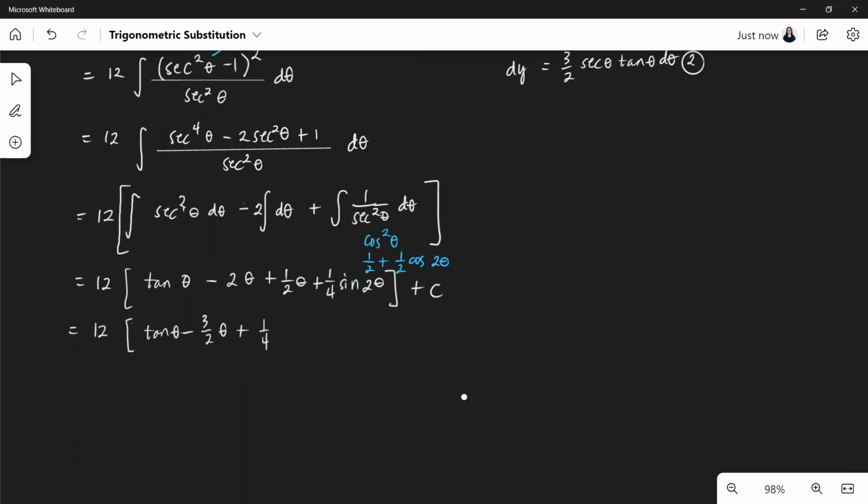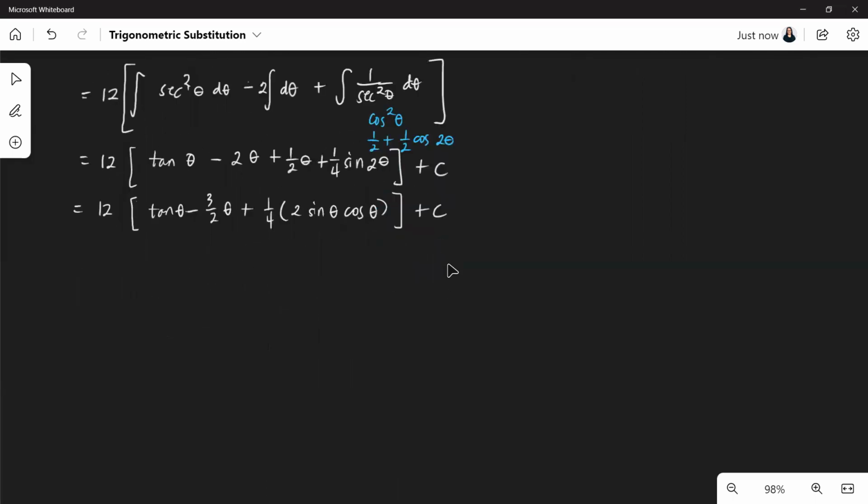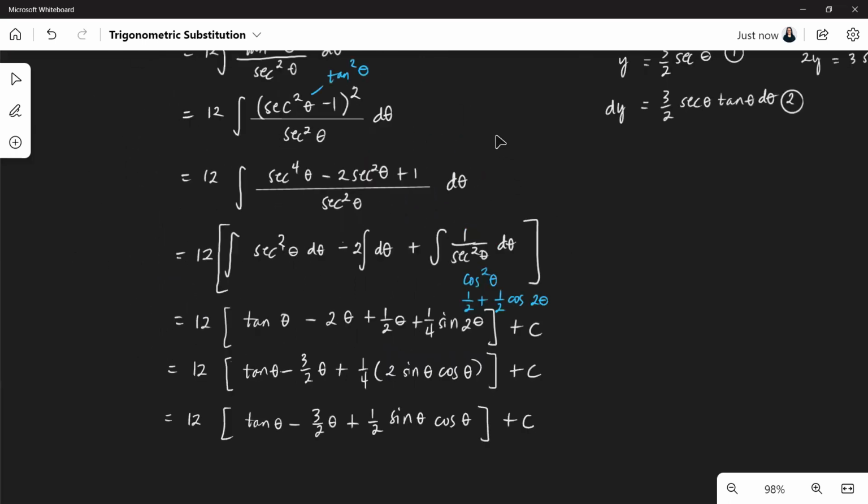So sine 2 theta is 2 sine theta cosine theta, plus C. So before plugging in those expressions containing the original variables, let's simplify first. This is 1/4 times 2, or that's 1/2, sine theta cosine theta, plus C.